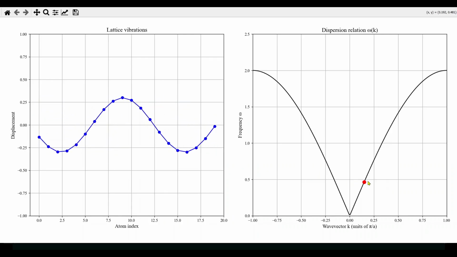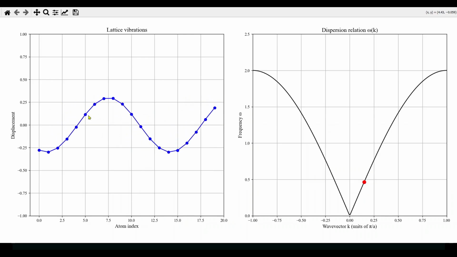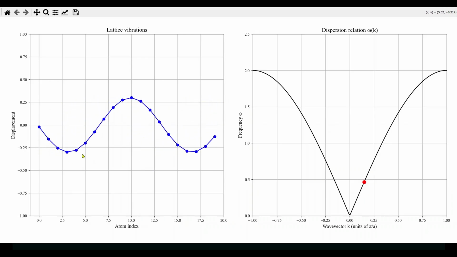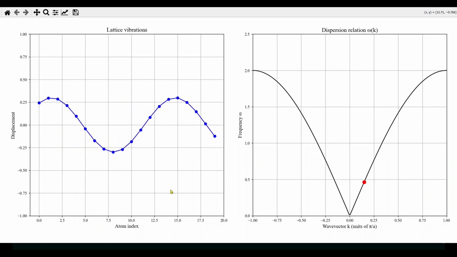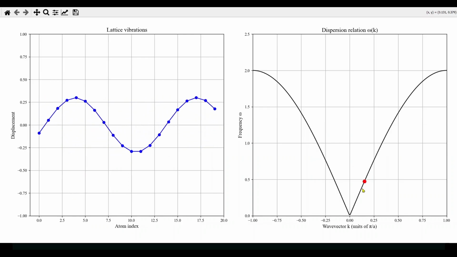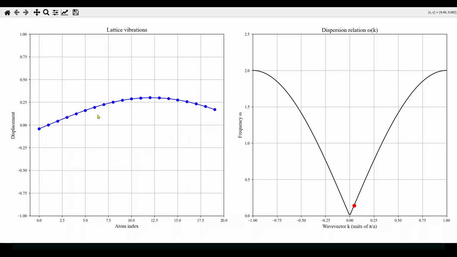So in this long wavelength limit, you can also see that the wavelength of this continuous wave is very large compared to the lattice spacing between any two atoms. You can see this clearly here. In this situation also, the wavelength is tending to infinity as compared to the lattice spacing.